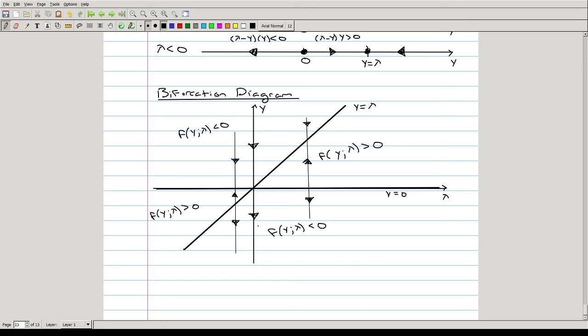So we have this, what's called a transcritical bifurcation, and in our bifurcation diagram, any point here is going to be unstable. It represents an unstable equilibrium value. So we have to draw a dashed line. And furthermore, any critical value right here is going to be unstable.